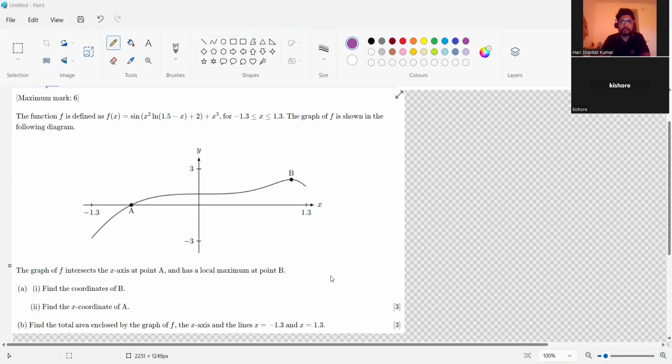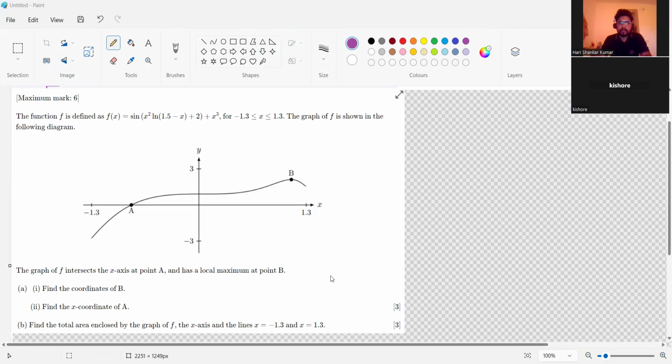The x value is from negative 1.3 to positive 1.3. The graph is shown in the following diagram. The graph of f intersects the x-axis at point A and has a local maximum at point B. Find the coordinates of A and B.